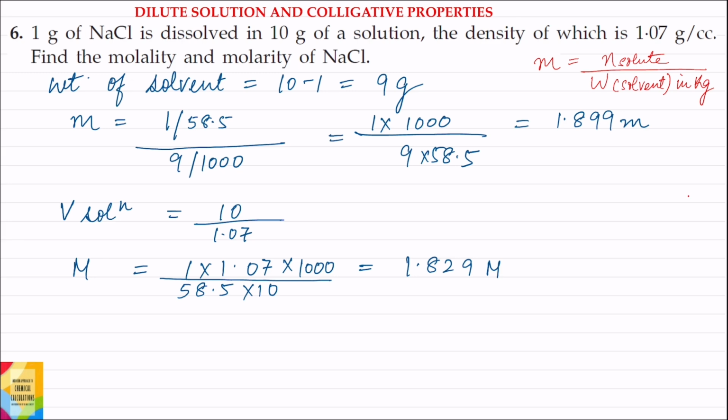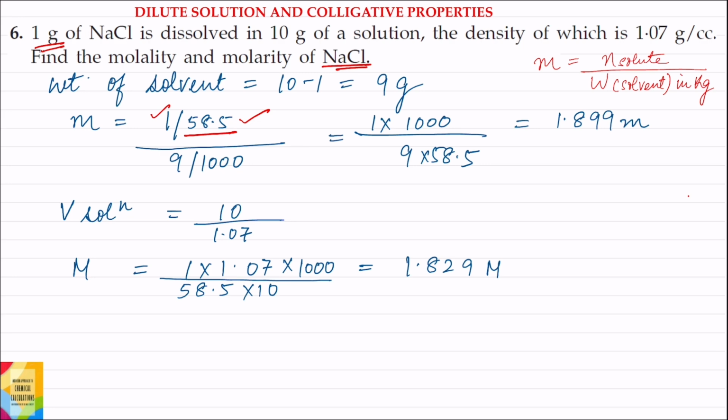Now weight of solute is given as 1 gram and the solute is sodium chloride. The molecular weight of sodium chloride is 58.5. So moles of solute is equal to weight of solute, that is 1 gram, divided by molecular weight of the solute, that is 58.5, divided by weight of solvent in kgs.